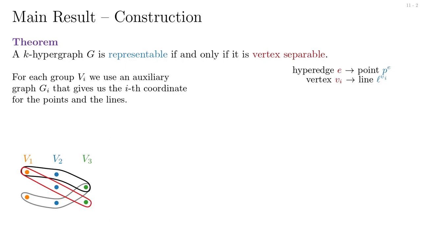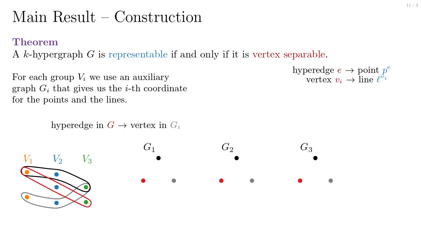In this small example at the bottom, we have three groups. That's why we create three graphs, G1, G2, and G3. The first graph will give us the first coordinates for all lines and all points, the second graph the second coordinates, and the third one the third coordinates.